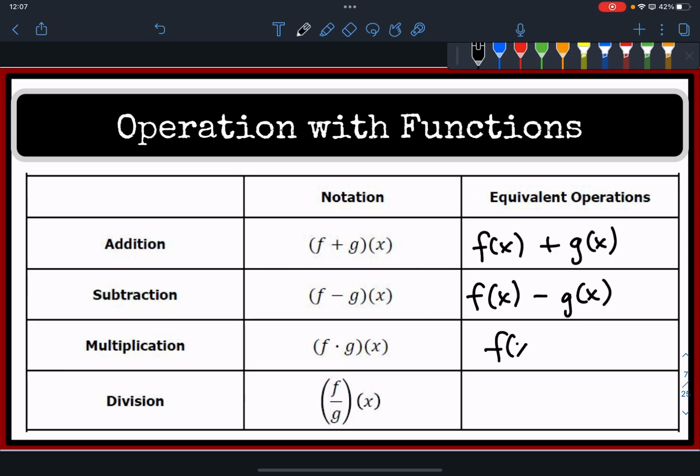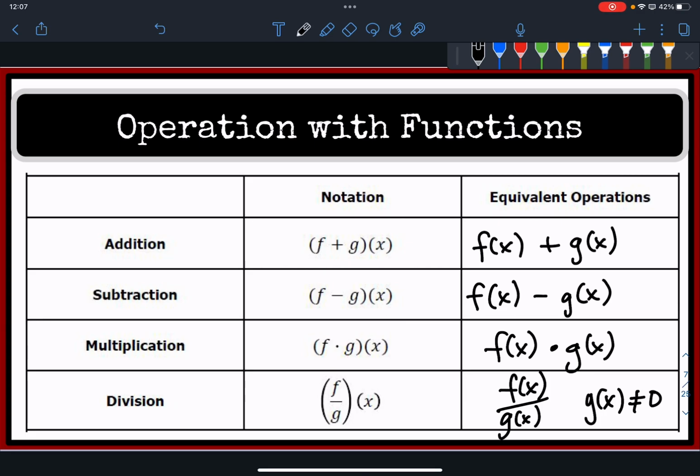And then we have f of x times g of x and f of x over g of x, as long as g of x does not equal 0. Which correlates to what we were just discussing in the prior examples about our domain excluding any possibility of dividing by 0 in these types of functions. So let's look at some examples of adding, subtracting, multiplying, and dividing.